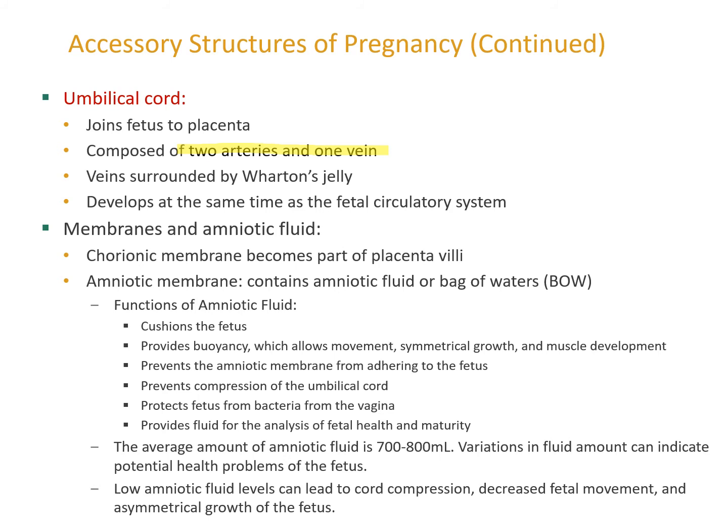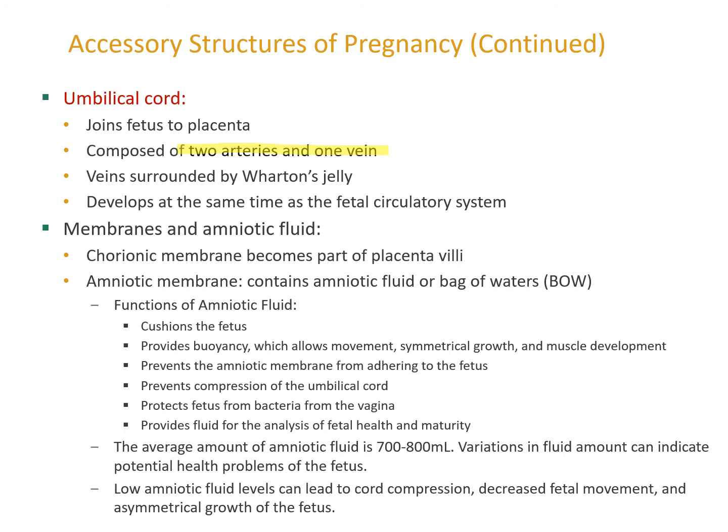The functions of amniotic fluid are that it cushions the fetus, it provides buoyancy, allowing movement and growth of the fetus, it prevents the amniotic membrane from adhering to the fetus, prevents the umbilical cord from compressing, it protects the fetus from bacteria from the vagina, and it provides fluid for the analysis of fetal health and maturity.